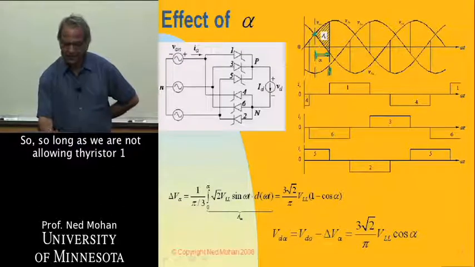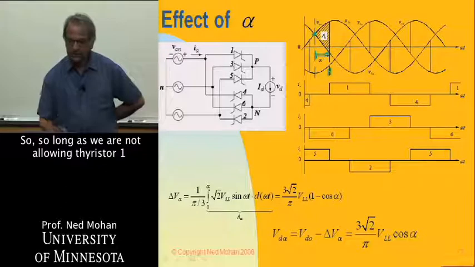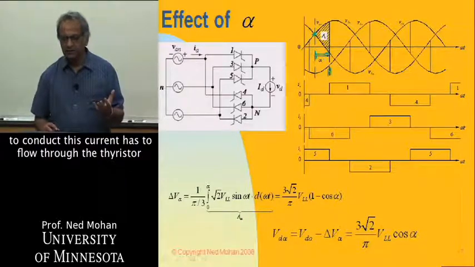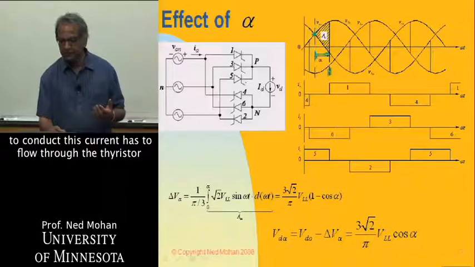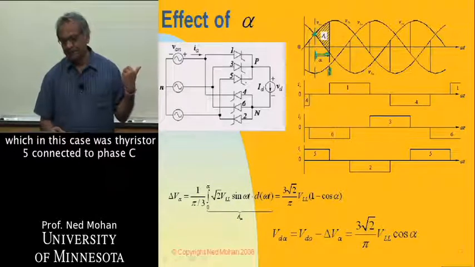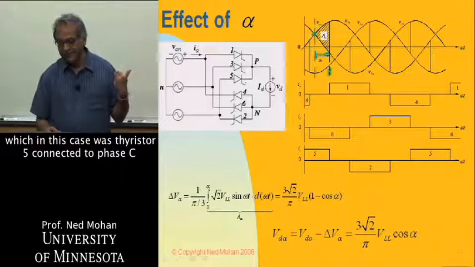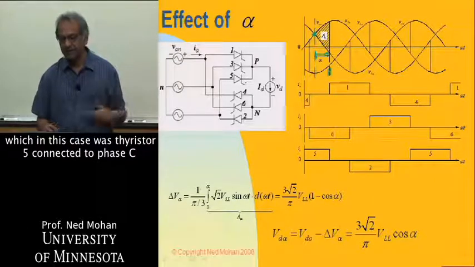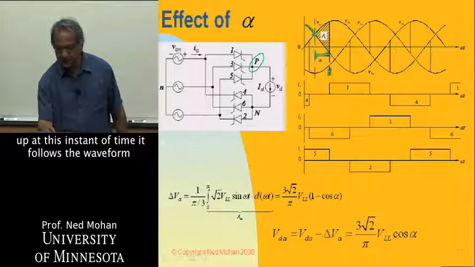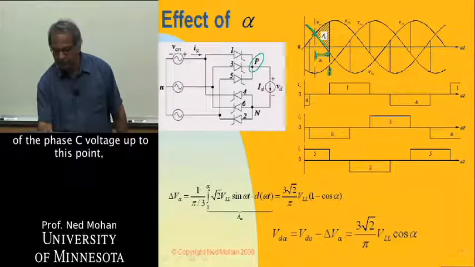So long as we are not allowing thyristor 1 to conduct, this current has to flow through the thyristor which was previously conducting, which in this case was thyristor 5 connected to phase C. So the voltage waveform at this point P, instead of going up at this instant of time, follows the waveform of the phase C voltage up to this point.